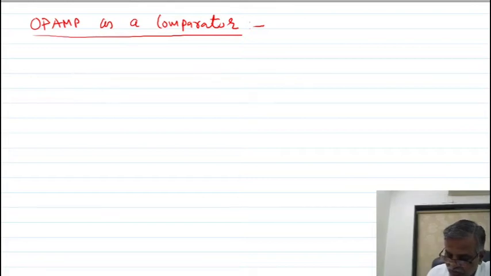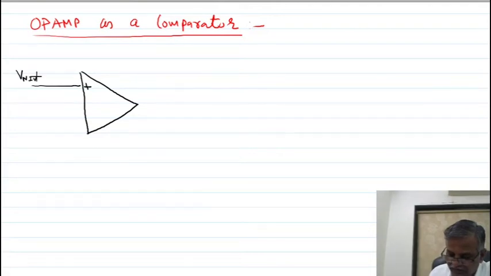I am showing you the open loop operation of the op-amp. This voltage I am writing as the non-inverting voltage, this voltage as the inverting voltage, and here is your output voltage.